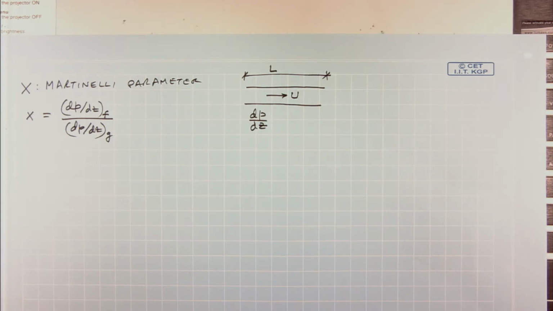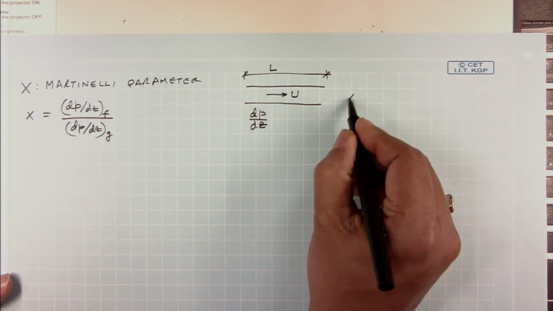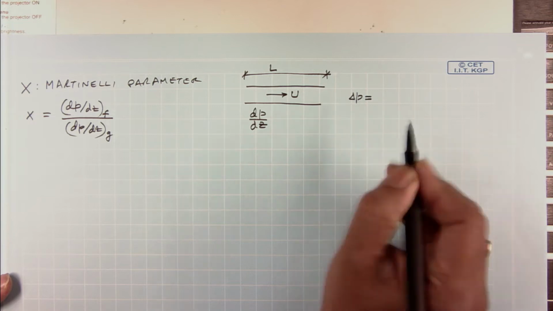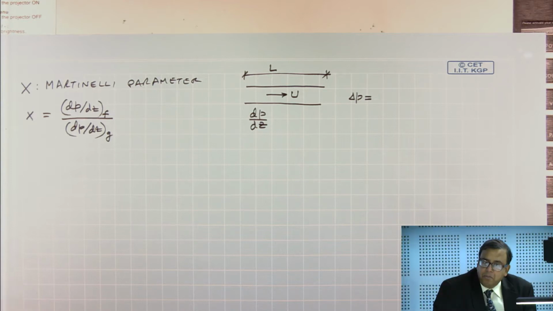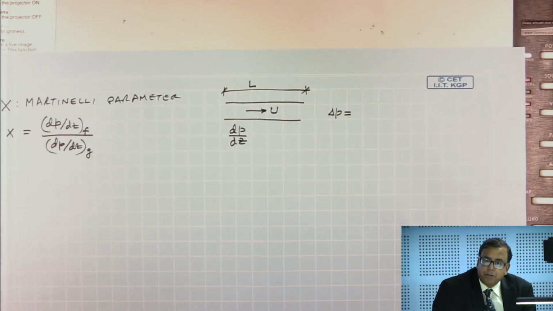So how do I define my dP dz when it comes to single phase flow? Or let me ask you how much is the pressure drop? Let us say it is laminar flow. Yeah, so what is that equation? Come again?